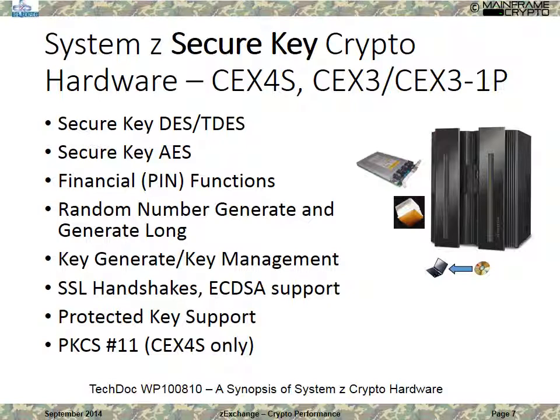The Crypto Express card also provides the support for SSL handshakes, which include RSA or elliptic curve encryption. Again, these algorithms are using longer key materials. In the case of RSA, now up to 4096-bit keys.